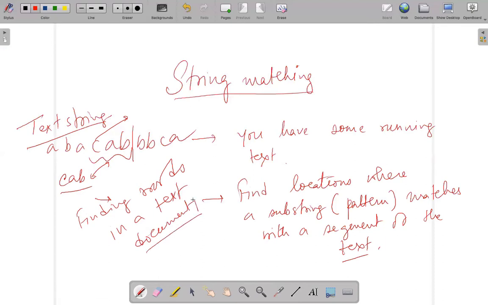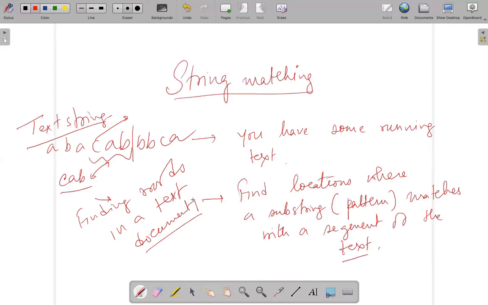Fine. So string matching is one of the options by which you can try to find words in a particular text document. And say your simple task is, given a text document, you want to find a particular word W and count the number of times it has occurred in the text document.